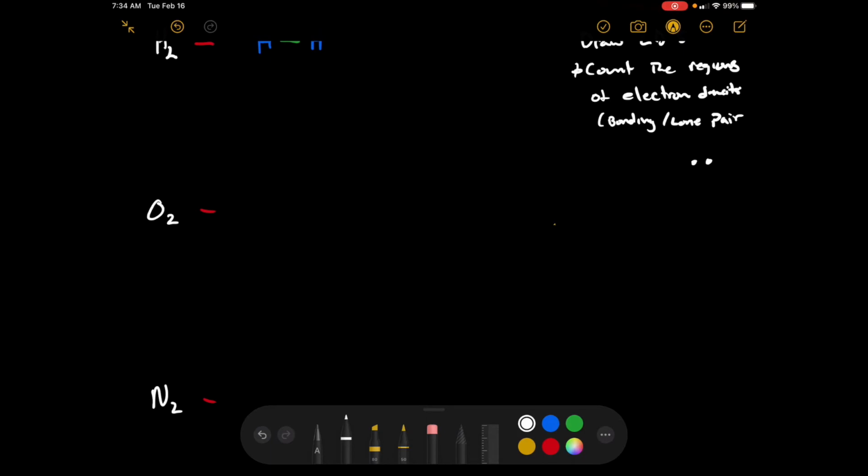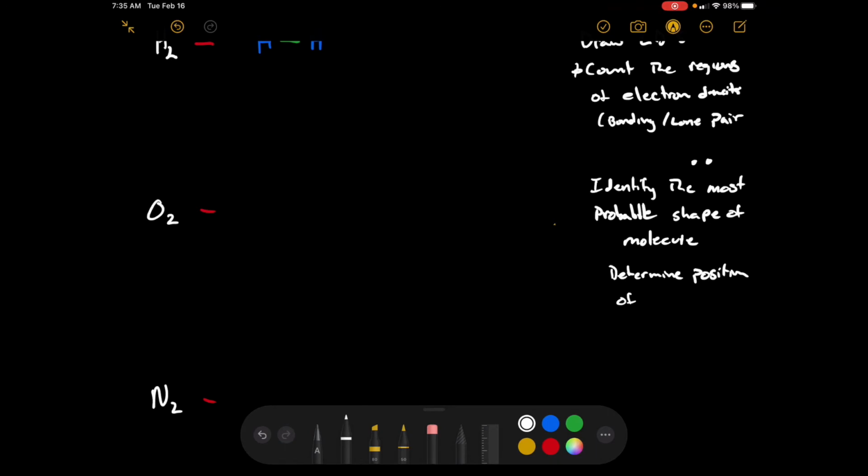Then you just simply identify the most probable shape of the molecule. Remember, science is about probability. The most probable shape of the molecule based on the electron pair repulsions, and then you determine the positions of the atoms.